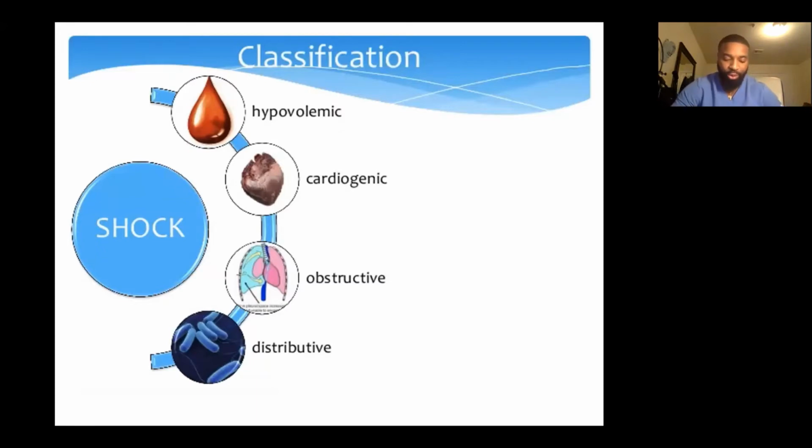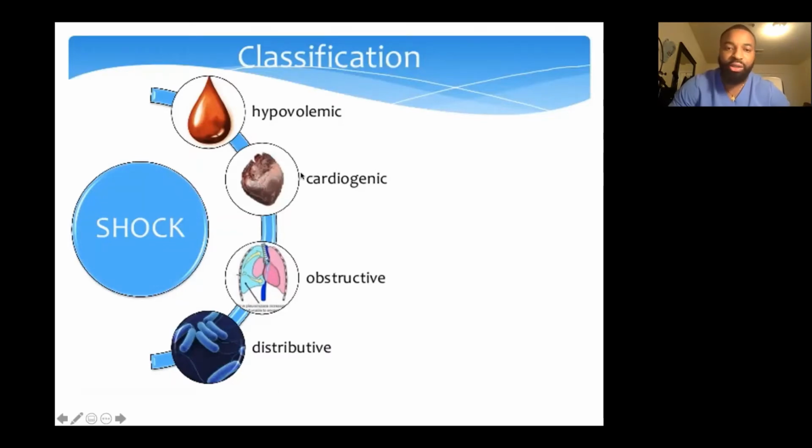So the problem in this case is that you're bleeding out. You may have like a wound, a trauma, and then you're bleeding. You're not keeping blood in a vascular space. You're losing a lot. So that's when you say hypovolemic shock.